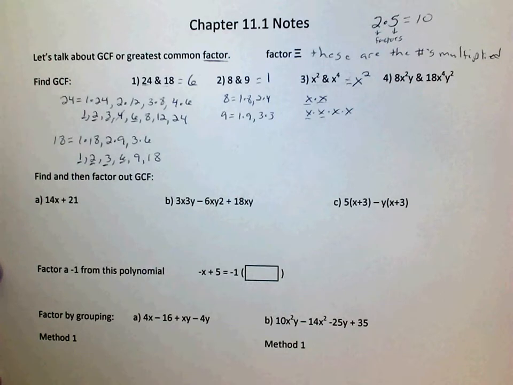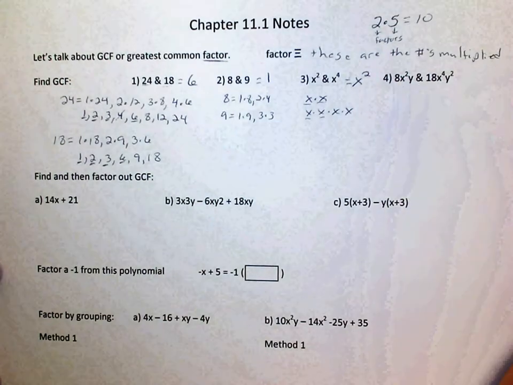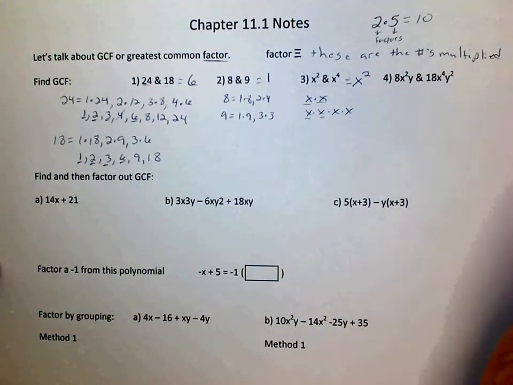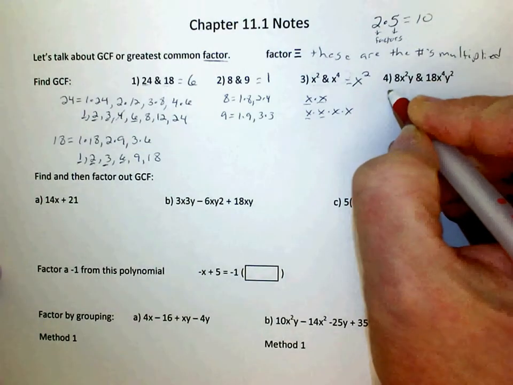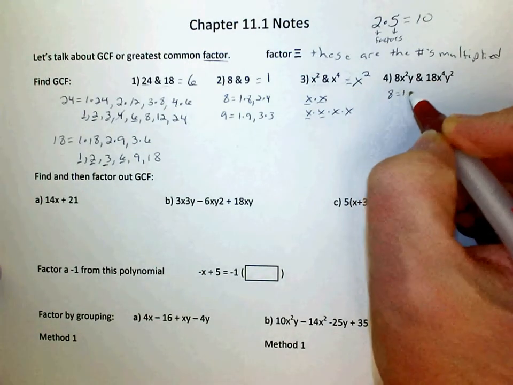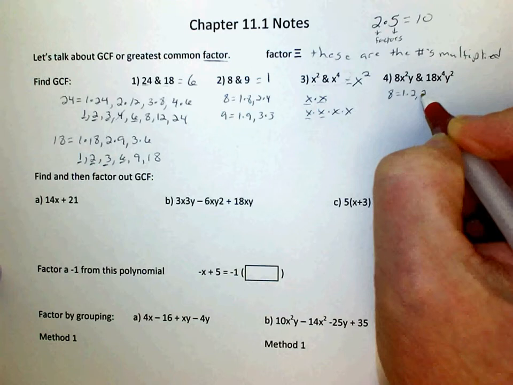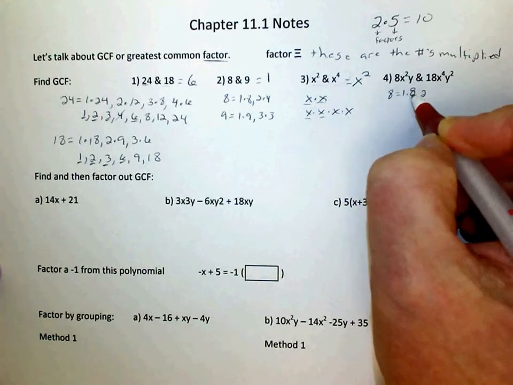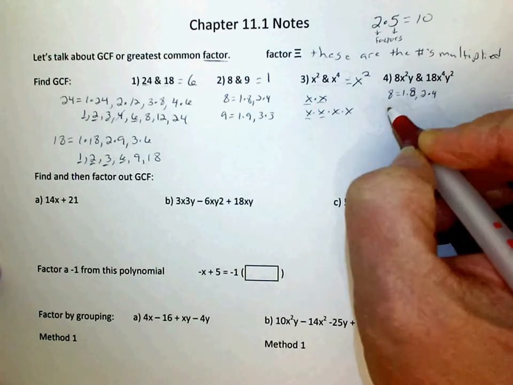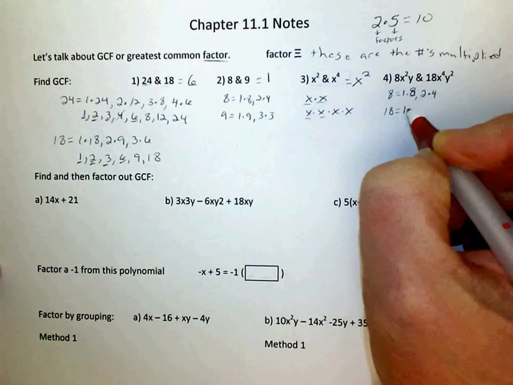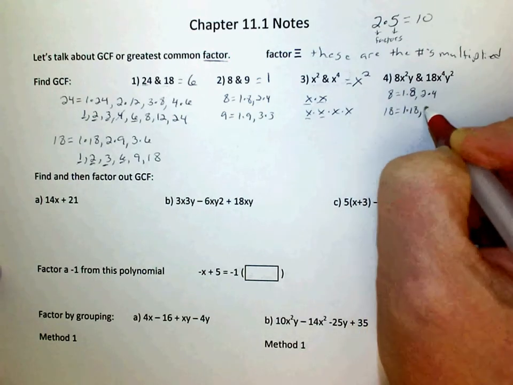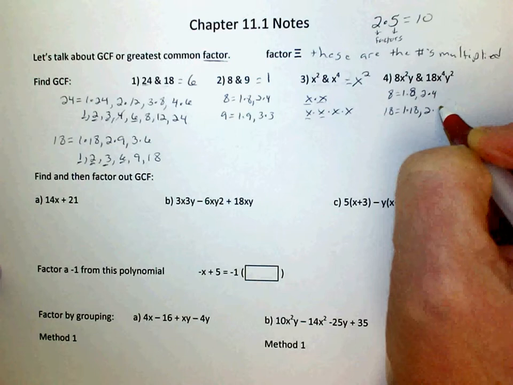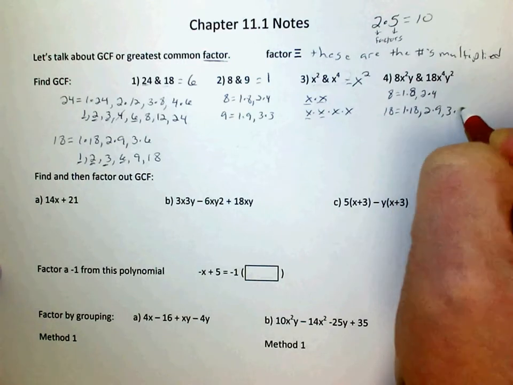So what happens if you put numbers and letters together? Well, 8 is 1 times 8, or 2 times 4. 18 is 1 times 18, 2 times 9, or 3 times 6.